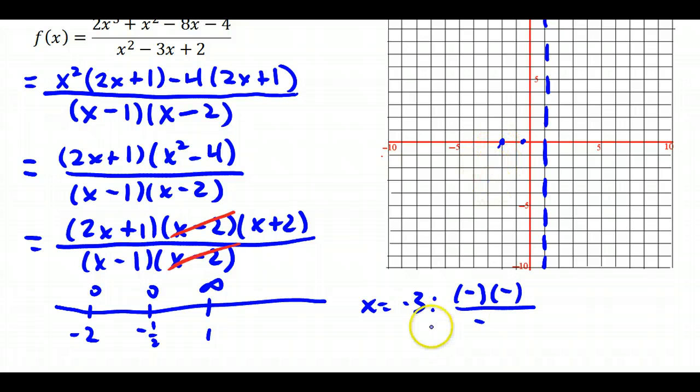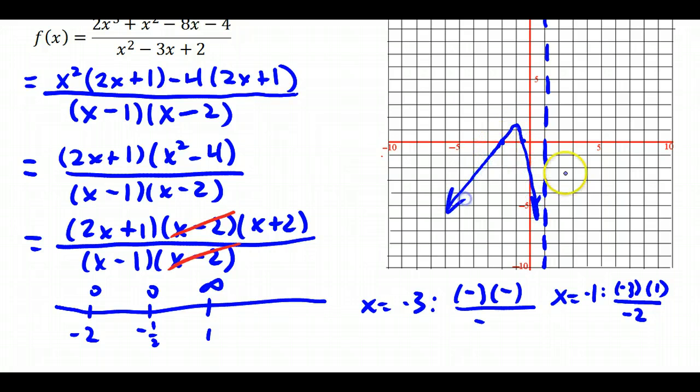Okay, let's plug in x equals negative 1, and I'm going to get negative 3 times 1 over negative 2. So that's going to have a point at 1.5. So it's probably doing something like this.